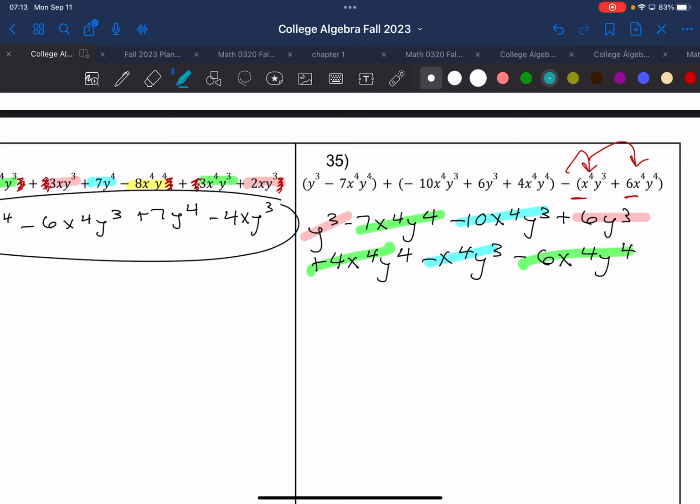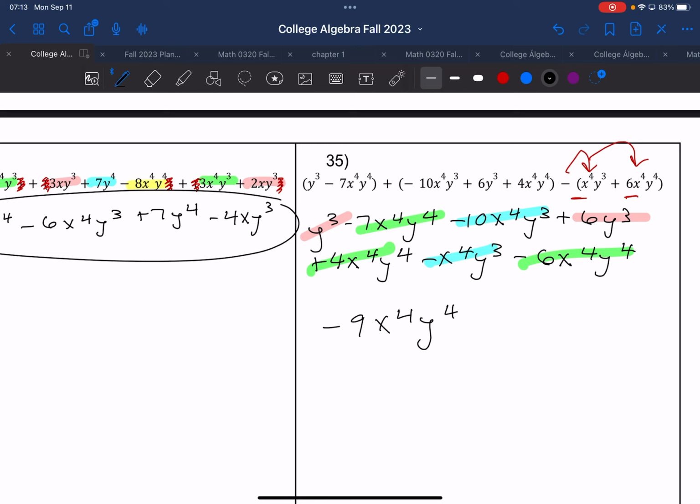Okay, I went ahead and highlighted all my common terms. Which variables are going to come first? The x4, y4. So we have negative 7 plus 4, which is negative 3, plus negative 6, which is negative 9x4, y4.